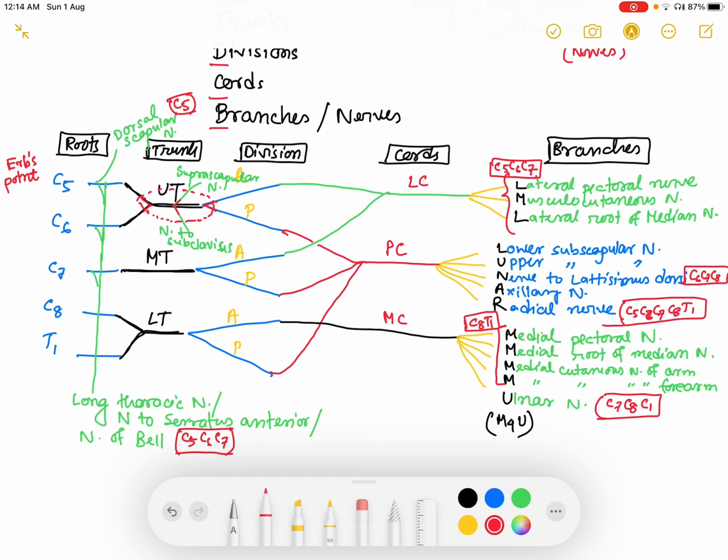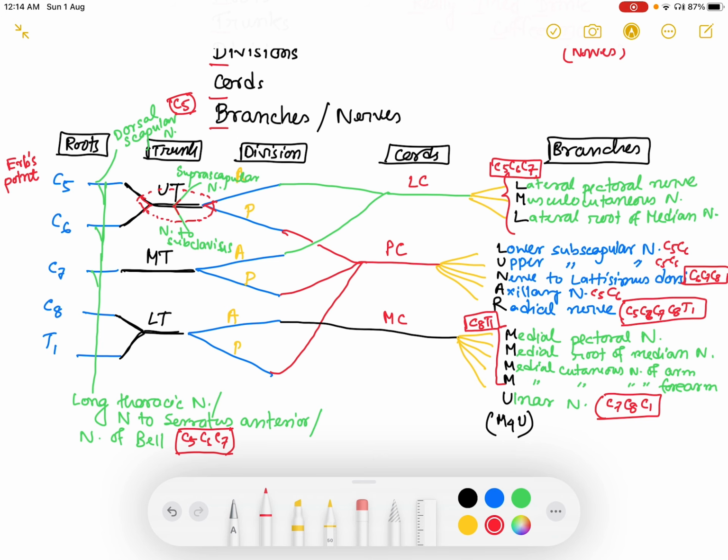So you have to memorize these two nerve roots: one is the radial nerve, another is the nerve to latissimus dorsi, or thoracodorsal nerve. For the rest of the three nerve branches, the root value is C5, C6.